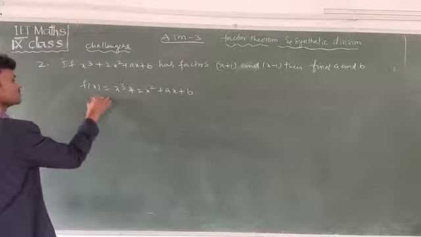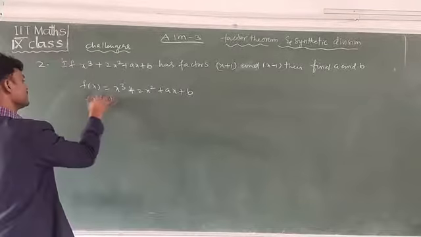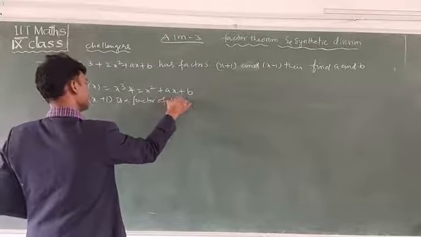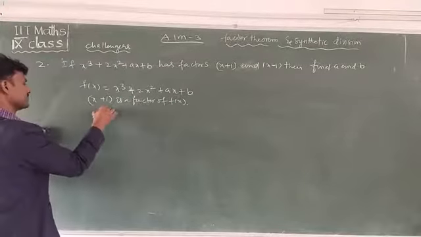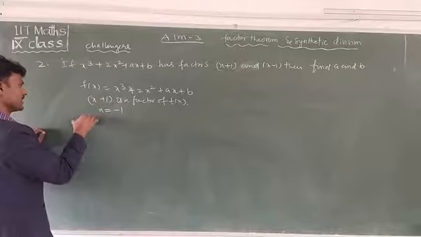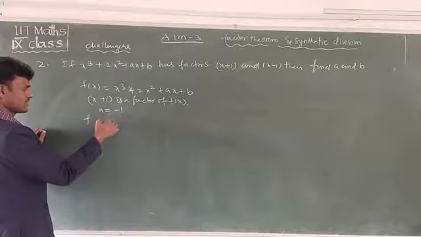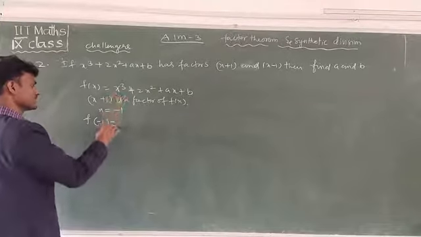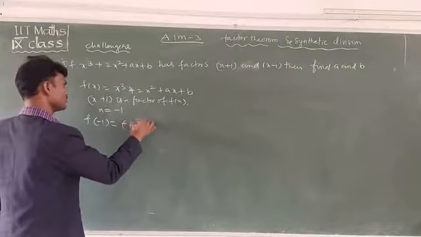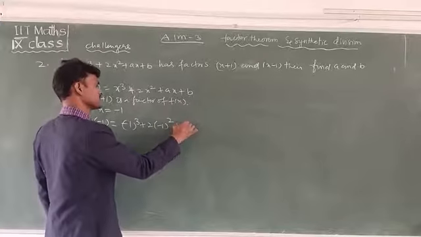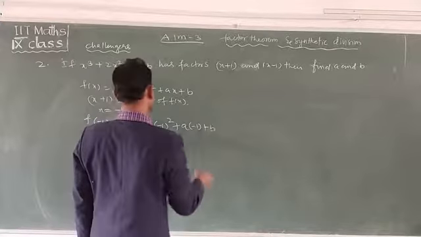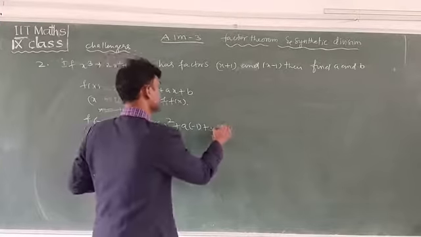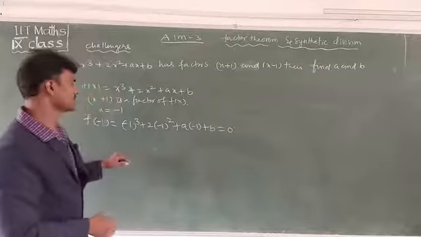Now x plus 1 is a factor of f of x, then x plus 1 is equal to 0, then x is equal to minus 1. Then f of minus 1 is equal to, wherever there is x, you have to substitute minus 1: minus 1 cube plus 2 into minus 1 square plus a into minus 1 plus b. Since it is a factor of the given polynomial, it is equal to 0. Remainder is equal to 0.